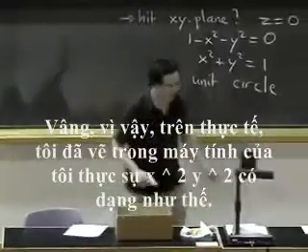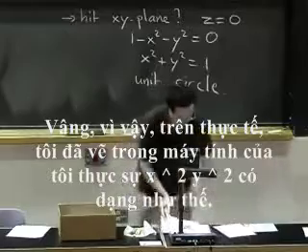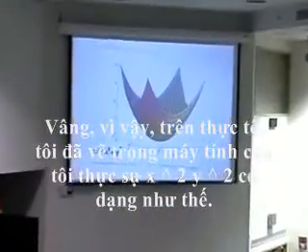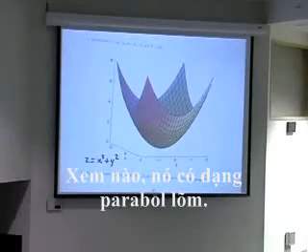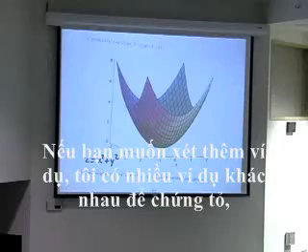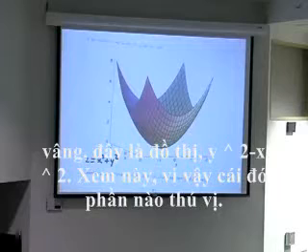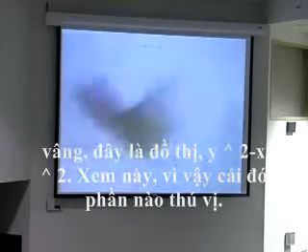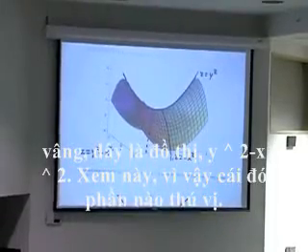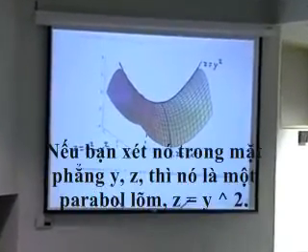So what I plotted in my computer was actually x squared plus y squared. That looks like that. See, it's the same with a parabola going upwards. If you want to see more examples, I have various examples to show. Here's the graph of a function y squared minus x squared. That one is kind of interesting. It looks like a saddle.